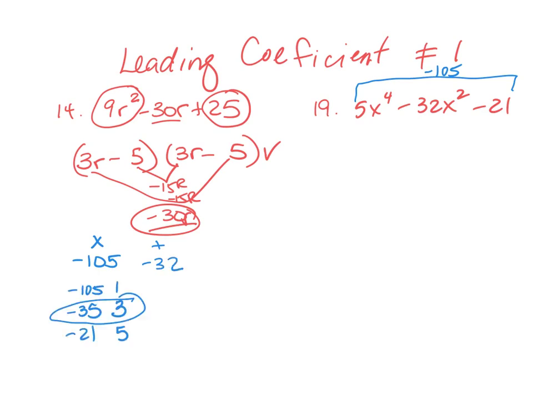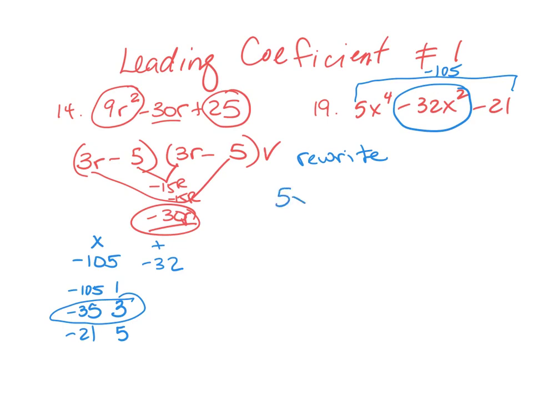So if you find different ways, what I do is I count up and I say what numbers go into negative 105 and make a list and then look to see which one of those adds up to negative 32. So now we're going to rewrite that equation and we're going to use negative 35 and 3.